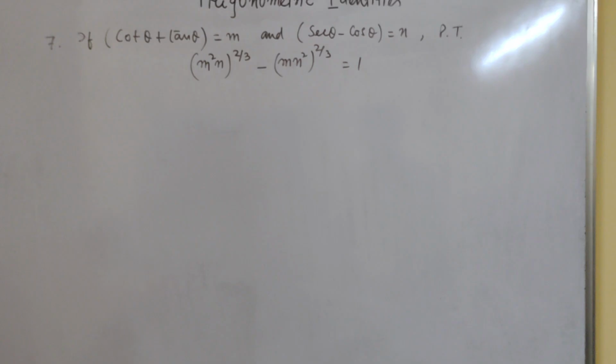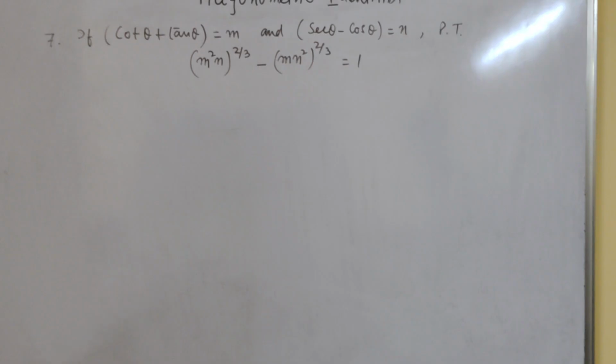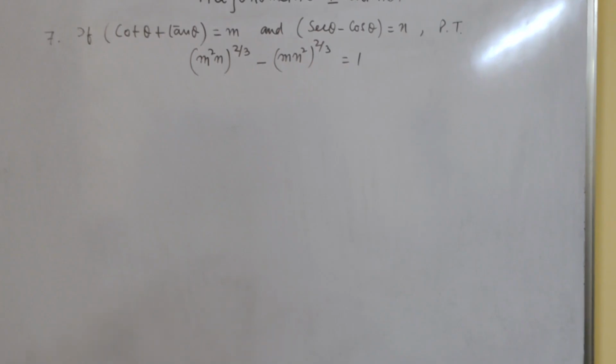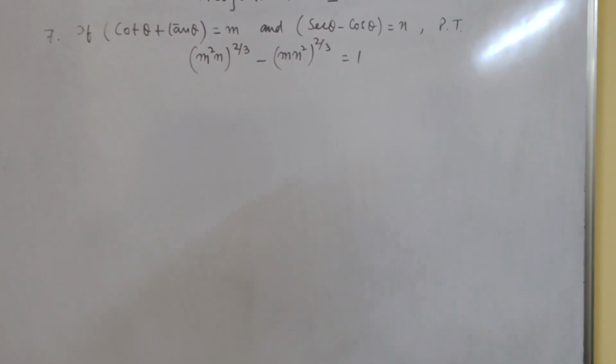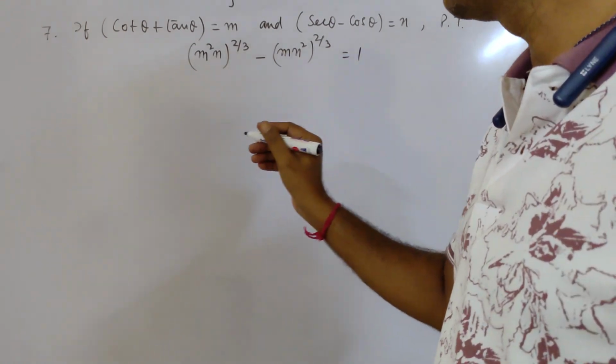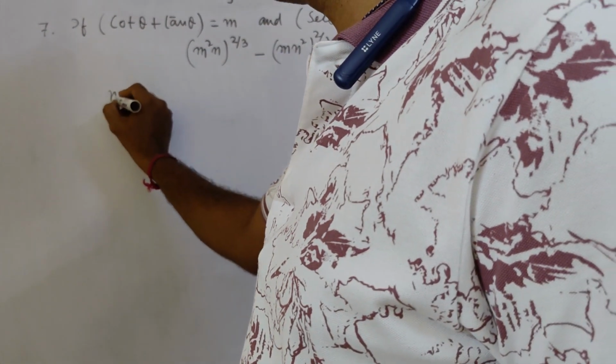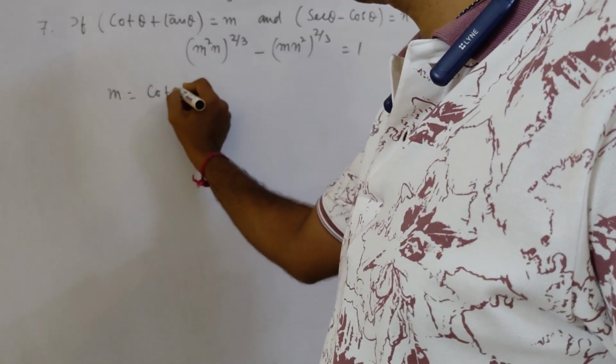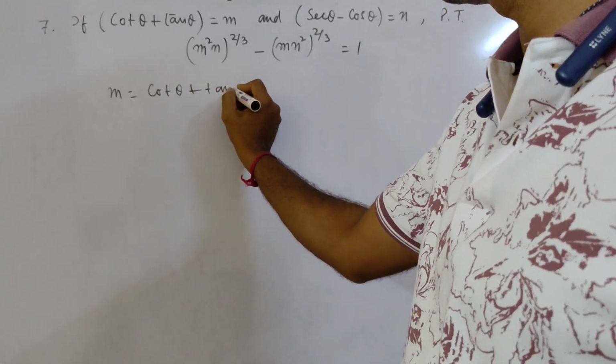If cot theta plus tan theta is equal to m, and sec theta minus cos theta is equal to n, then prove that (m square n) whole to the power 2 by 3 minus (m n square) whole to the power 2 by 3 is equal to 1. So given m is equal to cot theta plus tan theta.